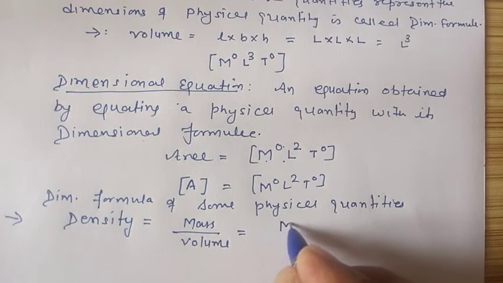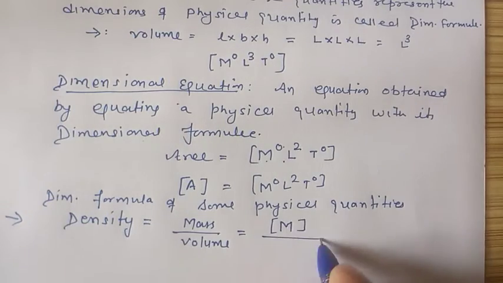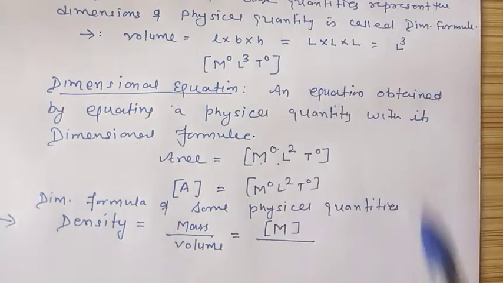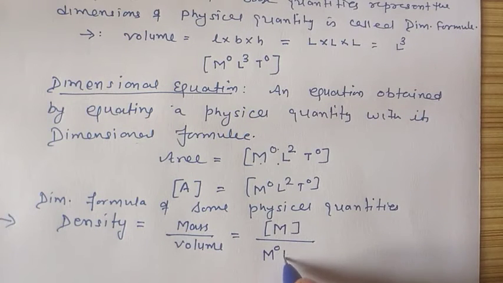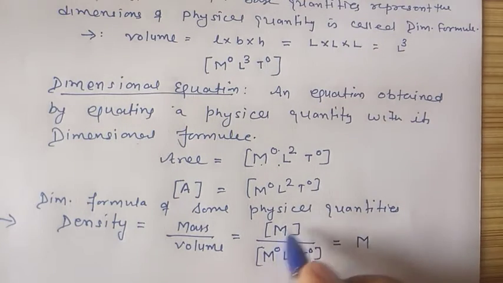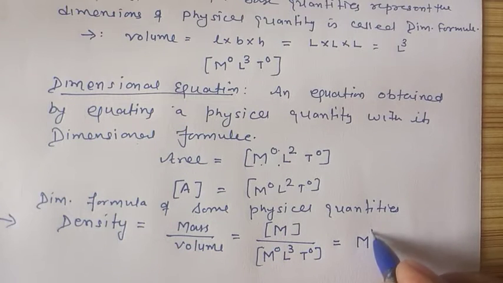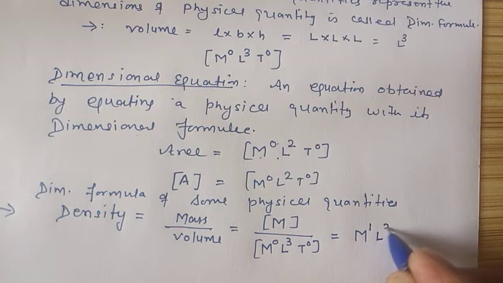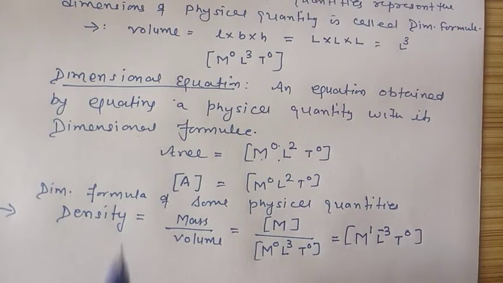Mass has a dimension of M, and volume has a dimension of M power 0, L power 3, T power 0. Now M power 1 and here power 0, so it will come as M power 1. Here L power 3 goes up, so it becomes minus 3, and T power 0. So this is the dimensional formula for density.